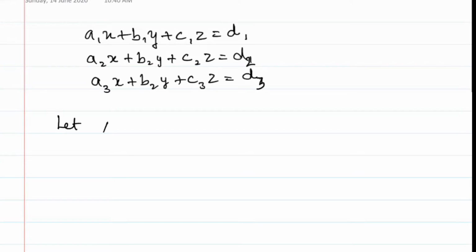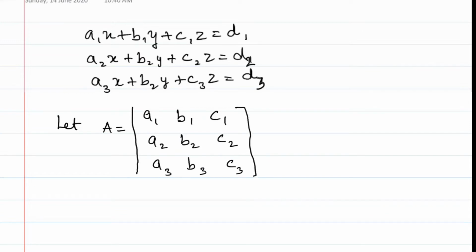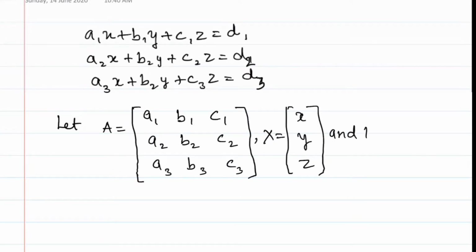Let the coefficient matrix be A is equal to a1 b1 c1, a2 b2 c2, a3 b3 c3. The variable matrix X is equal to x, y, z and B is equal to d1, d2, d3.